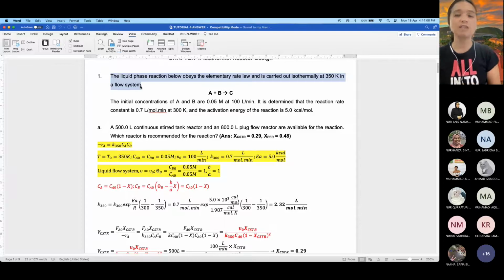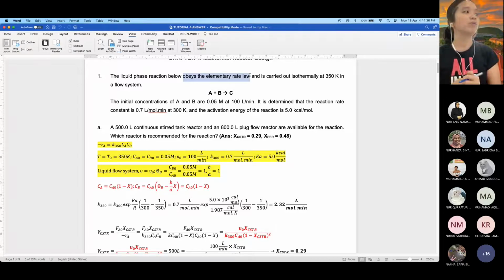So when you solve a question with CSTR, PFR, you must really check whether it is a liquid phase or gas phase reaction. Okay, so in this case it is liquid phase. Second, it says obeys elementary rate law. By now, you already know, right? In the chapter 3 test, they also asked questions on elementary and non-elementary rate laws. So it already says elementary rate law.